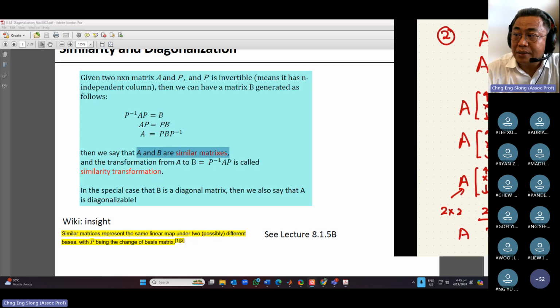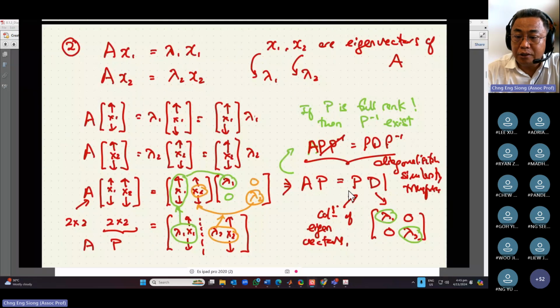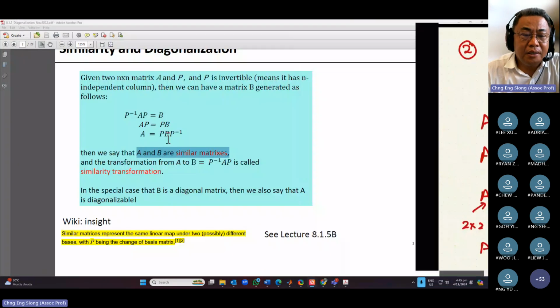In our example, A is being changed into P D P minus 1. So we're talking about A and D here. Here, they are talking about B. Any matrix, it doesn't need to be diagonal. But we always want to transform something to a diagonal matrix. If it's not diagonal, it's not very exciting because it doesn't have the properties of the diagonal matrix.